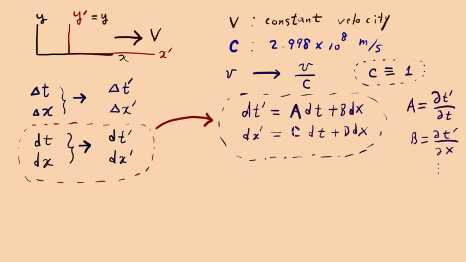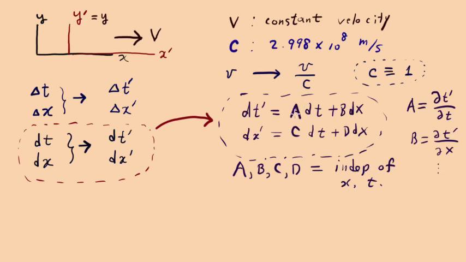What this means is that in the current context, these A, B, C, D, which determine the rule to transform these small time intervals and space intervals to the time intervals and space intervals in the other coordinate system, cannot depend on the choice of origins of time and space. What that means is that these A, B, C, D are basically independent of x and t.